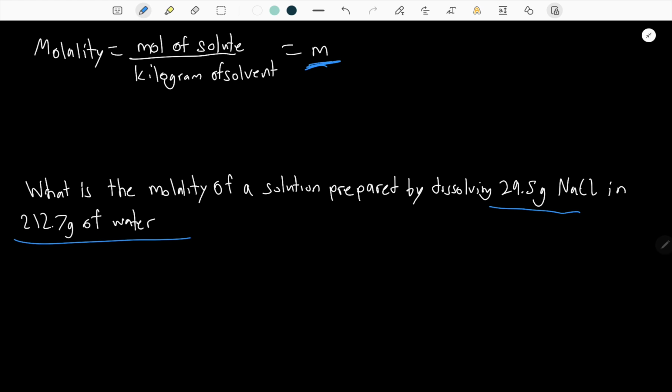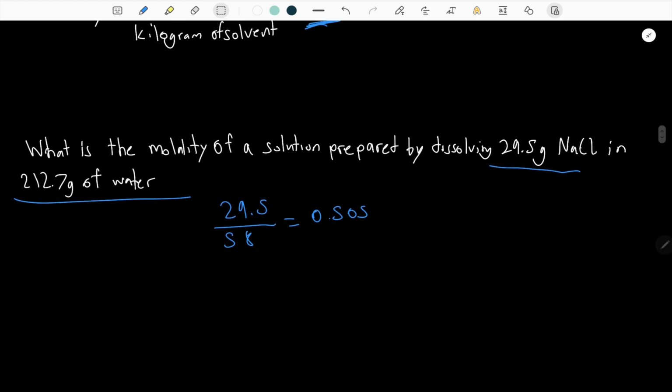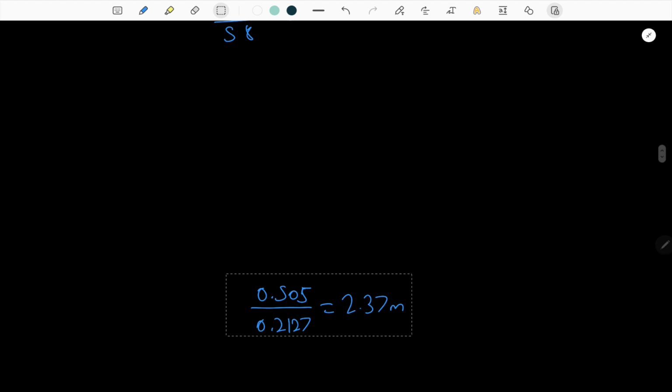Number of moles is equal to the mass divided by the molar mass. 58 is the molar mass, and you get 0.505 as the number of moles. Now to calculate the kilograms of solvent, you just convert this 212.7 grams to kilograms by dividing by 1000, and you will get this.